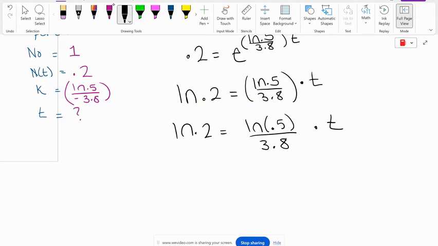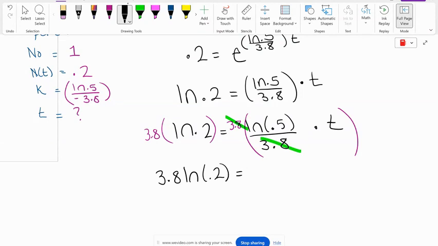So I'm going to multiply by 3.8 on both sides. So these will cancel. So then I'm now going to have 3.8 ln of 0.2 is equal to ln of 0.5 times T. So last step is to divide by the ln of 0.5.